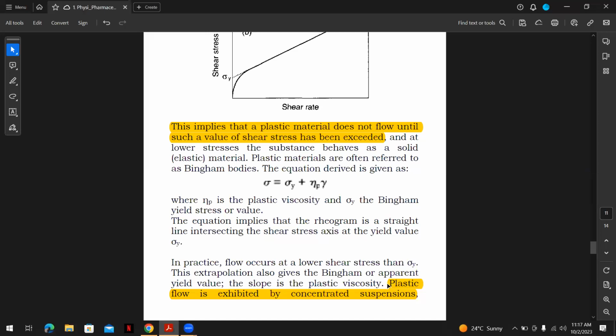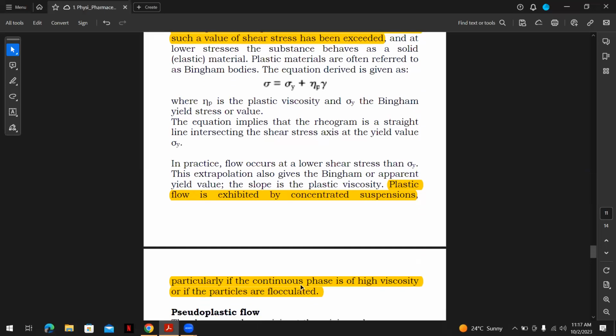Now you wonder, where is plastic flow exhibited? You only see it in concentrated suspensions, particularly if the continuous phase is of high viscosity or if the particles are flocculated. What is flocculation?